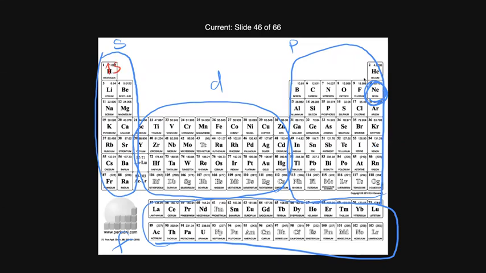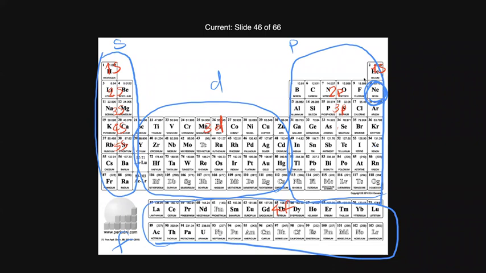And then the second row would be 2s, 3s, 4s, 5s, and so on. For p, we are going to start at 2p, then 3p, because helium is 1s still. For d, we are going to start at 3d. For f, we are going to start at 4f. Okay, so those are the starting subshells for each of those on the periodic table.